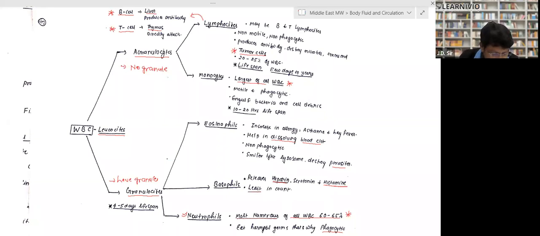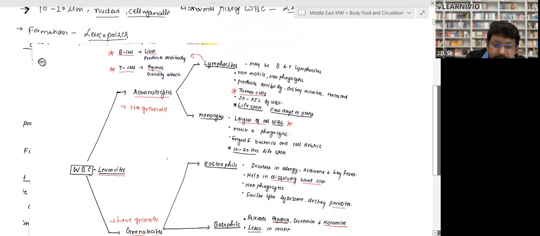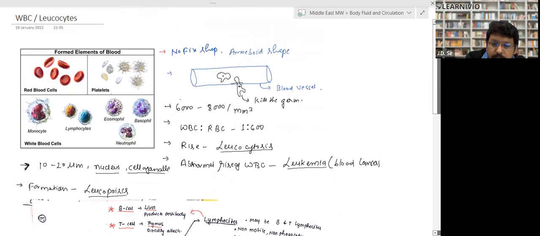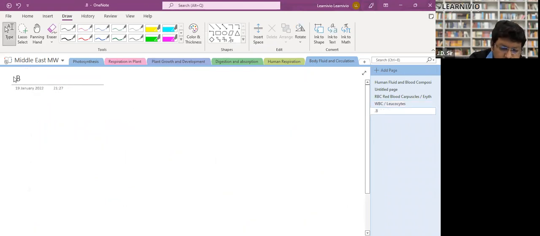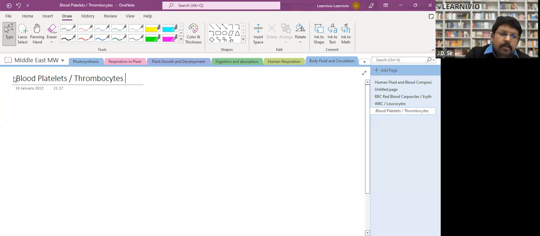Fine. So last but not the least, that is the thrombocytes or blood platelets. Again, we have already seen the structure of these blood platelets, right?